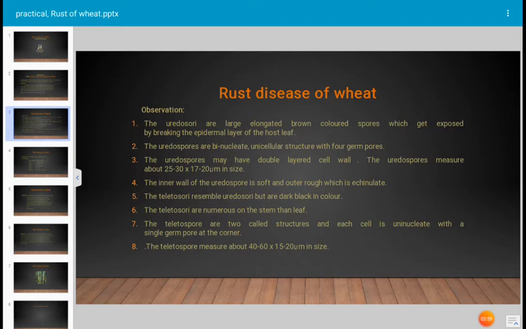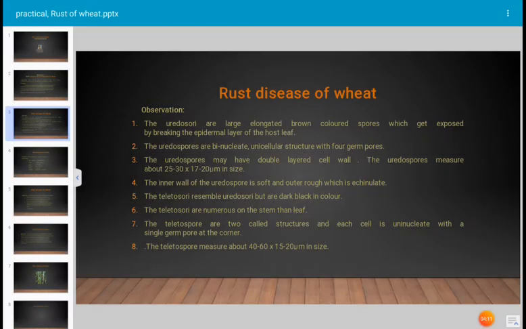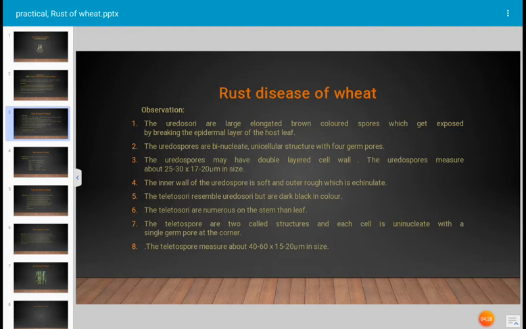The group of urediniospores is exposed by breaking the epidermal layer of the host leaf, and such a small pustule developed outside the leaf we call a uredosorus. Urediniospores are binucleate unicellular structures, with 2 nuclei and 4 germ pores present. Urediniospores may have a double layered cell wall: outer wall exine, inner wall intine.